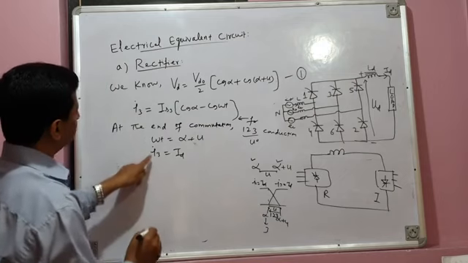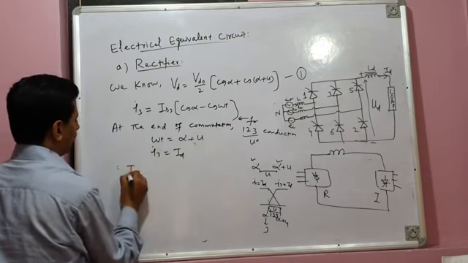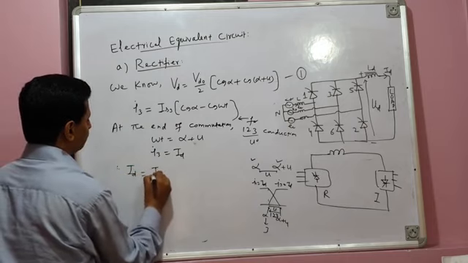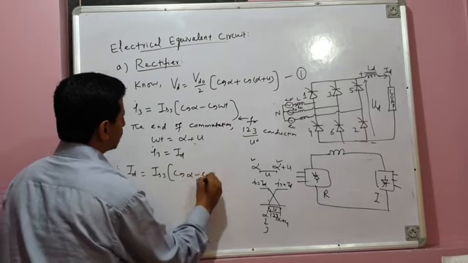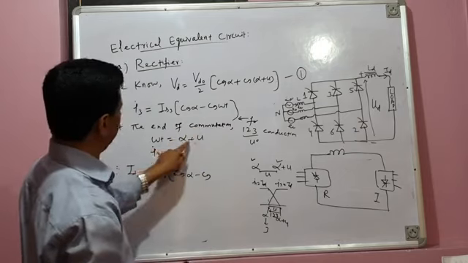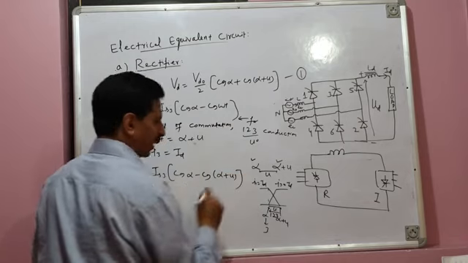Therefore, what is I3 at the end of commutation? It is ID. So I will substitute ID for I3. ID is equal to IS3 times cos alpha minus cos omega t. What is omega t? Omega t is alpha plus u. Fine.